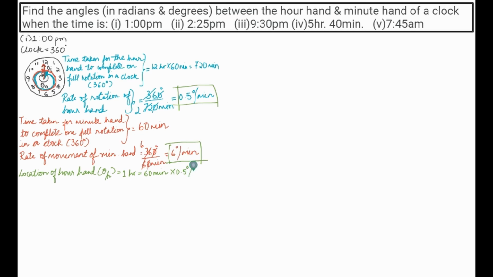When we multiply 60 minutes into 0.5 degrees per minute, we will get the angle of the hour hand. The minute unit and minute unit cancel out each other. 60 into 0.5 degrees gives us 30 degrees. So the location of our hour hand, that is theta h, is 30 degrees. Next, let us find the location of our minute hand.